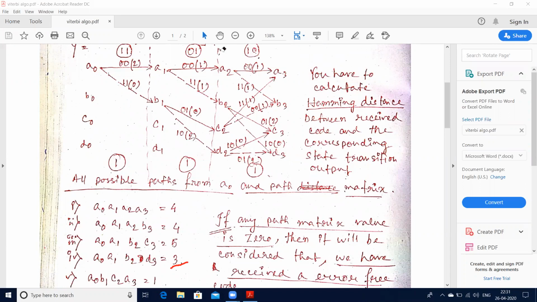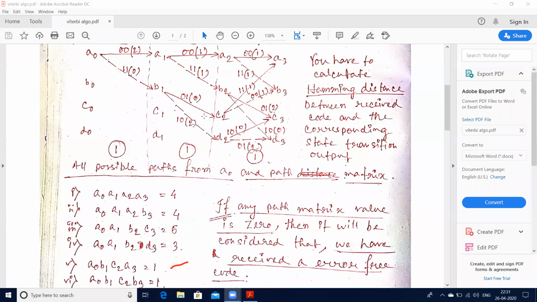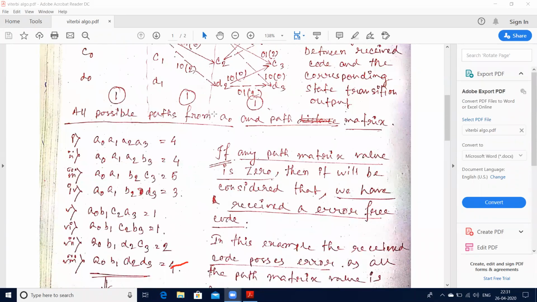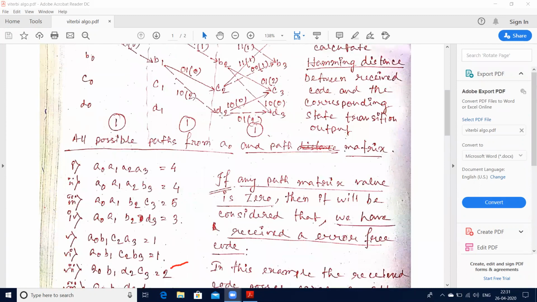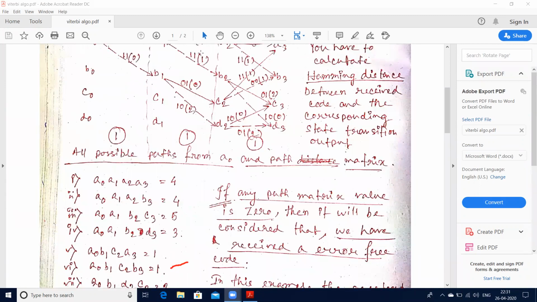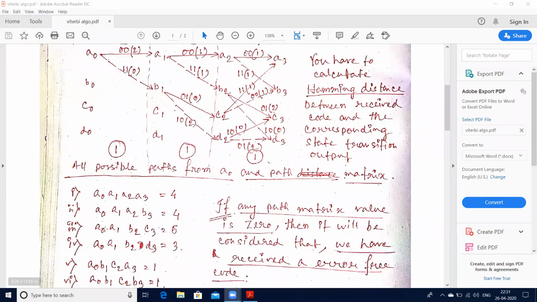Now, if you consider this path, A0, B1, C2, and A3.